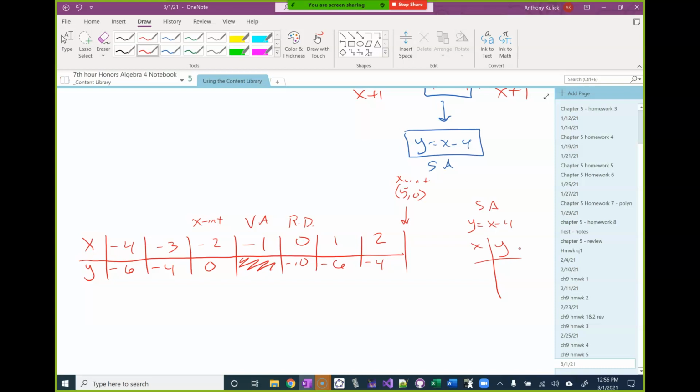Okay. So I can pick any old x's and plug them in to get the y's, right? So the x's I'm going to pick 0, which gives me the y coordinate -4. And I'm going to pick the x value of 4, which gives me the y coordinate 0. Everybody good with what I did there? Just plugged them into y equals x minus 4. Pick any x's you want.